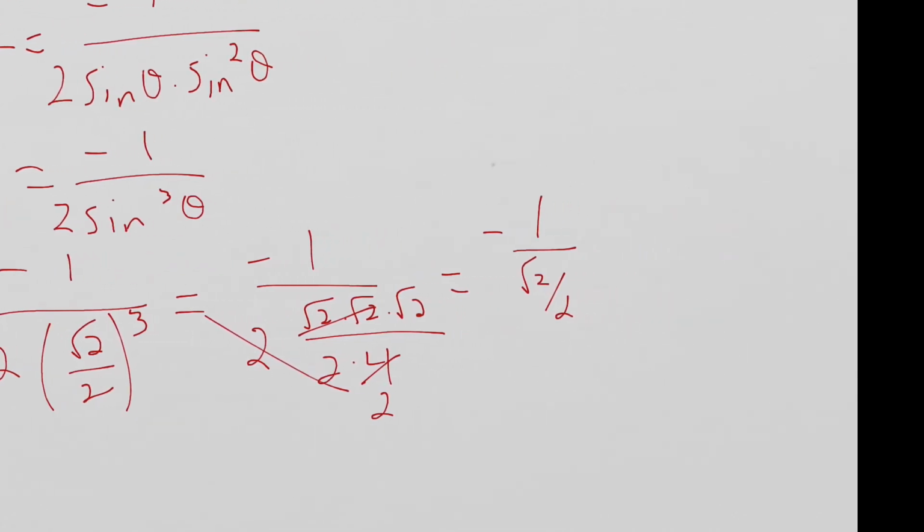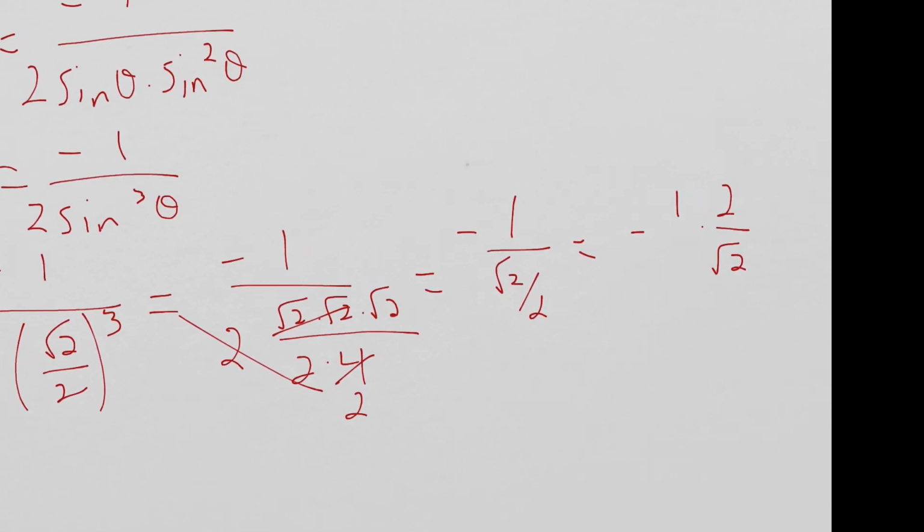But what I can do here is multiply by the reciprocal, which gives me negative 1 times 2 over root 2. Copy dot flip for those of you who like that, which gives me, I can rationalize that, root 2 over root 2. And that, I'm almost to the end, gives me negative 2 root 2.